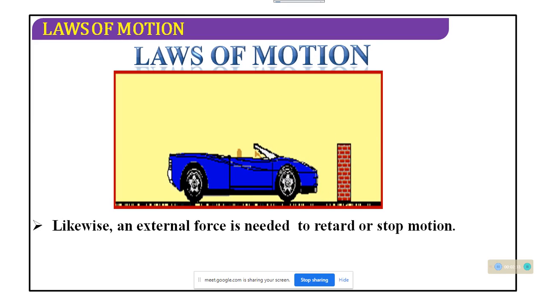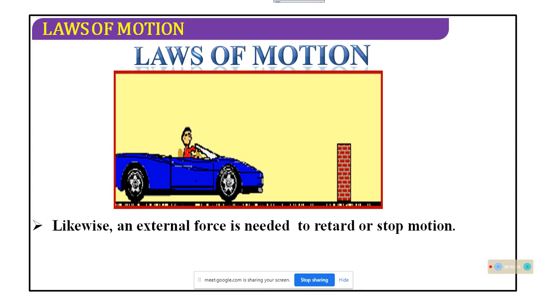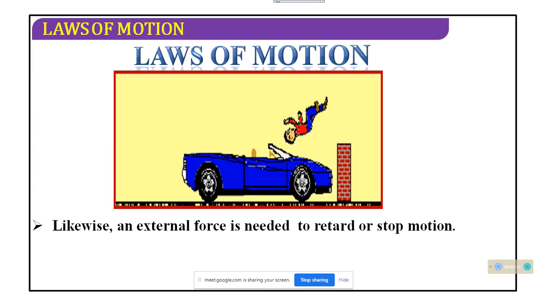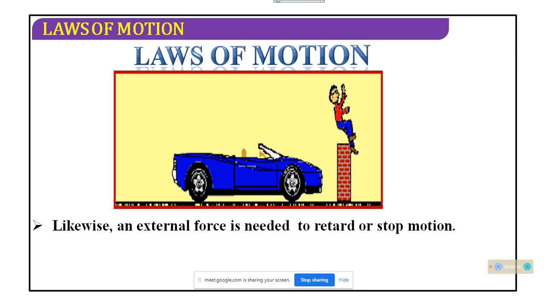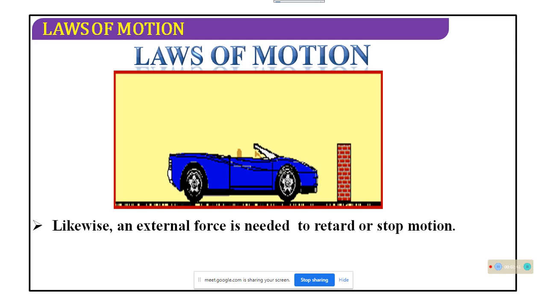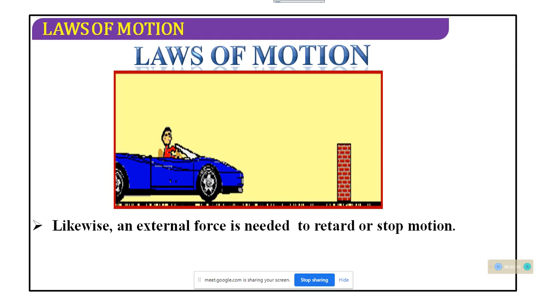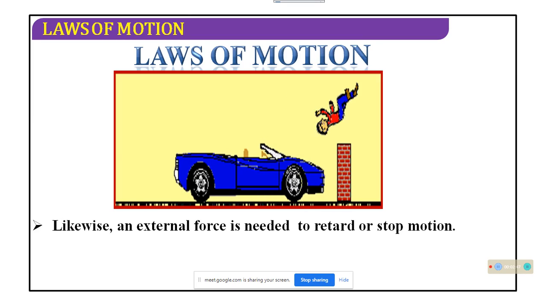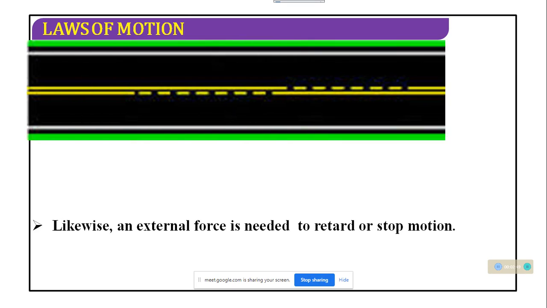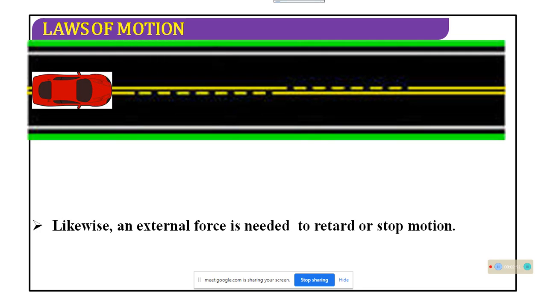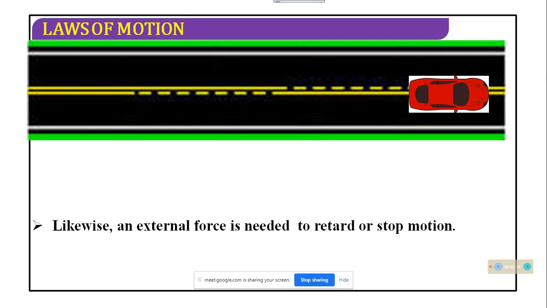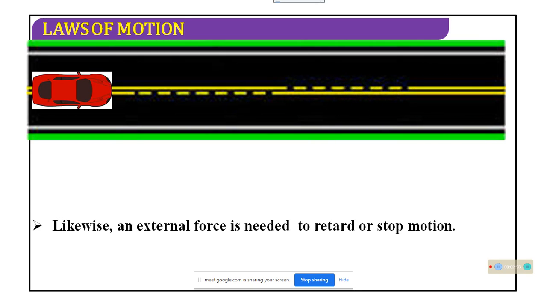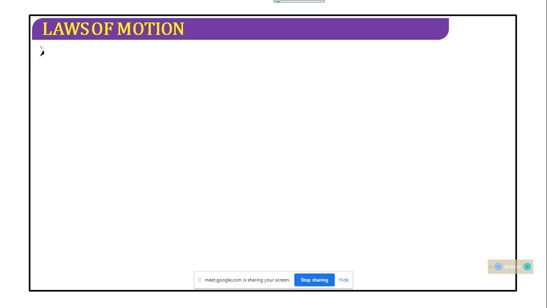So if we want to stop this car, we have to give some stopping force, that is, you have to push the brake. The car is moving, and when you apply the brake, the car will stop.